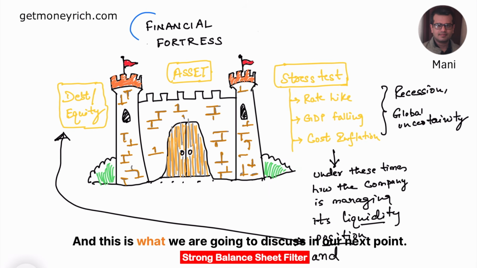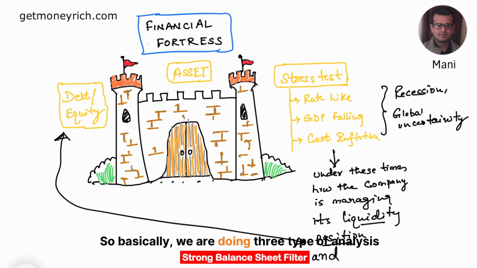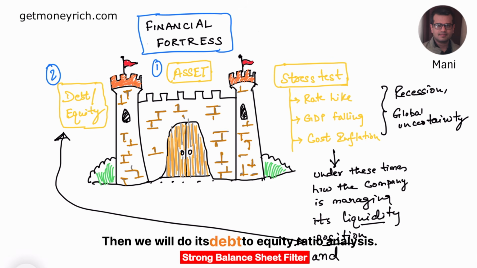And this is what we are going to discuss in our next point. So basically we are doing 3 types of analysis of a company's balance sheet. We will first check the quality of its assets, then we will do its debt to equity ratio analysis, and then we will do the stress test on the company.